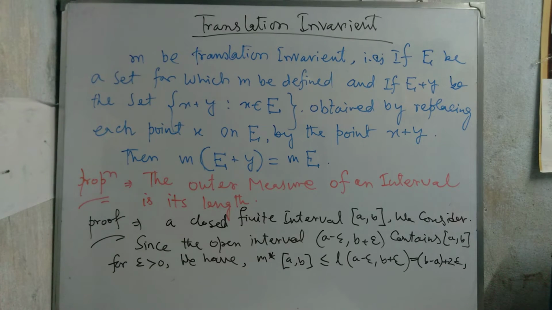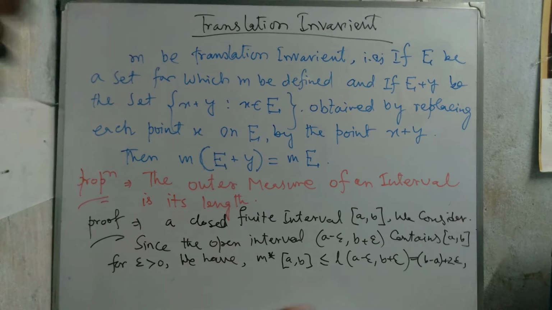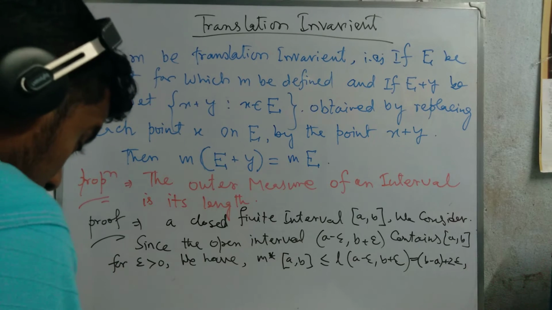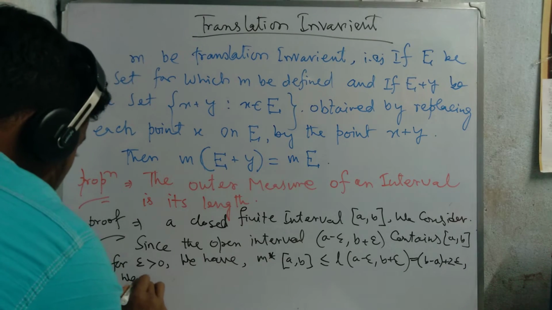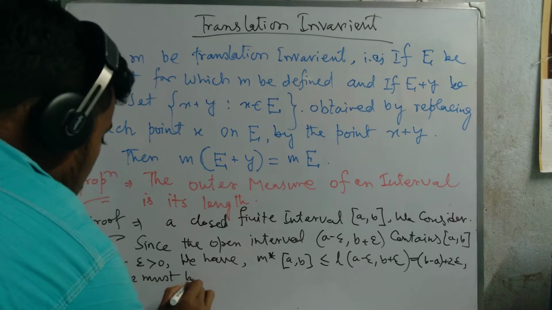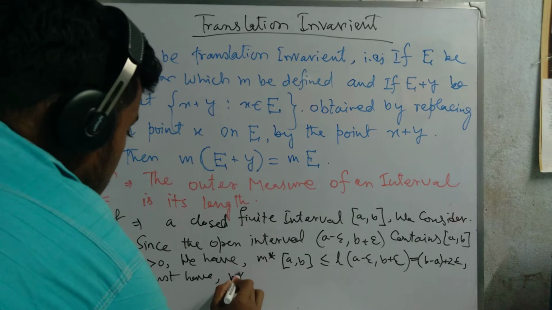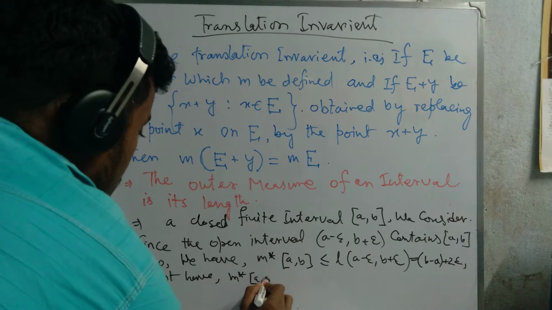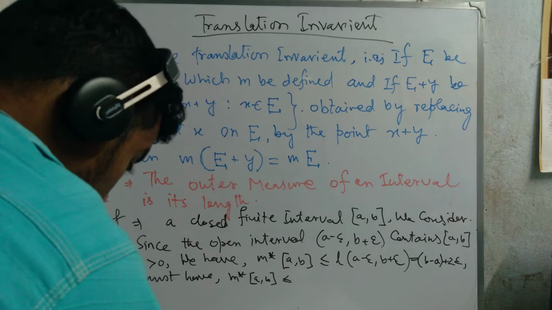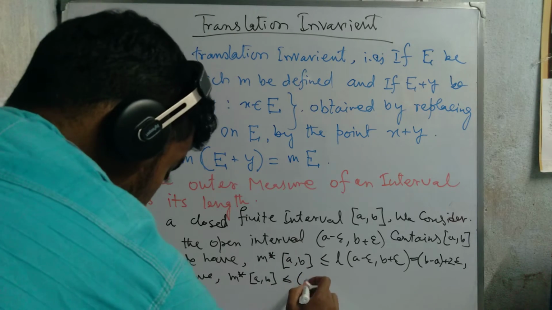This holds for each positive epsilon, so we must have m star of [a, b] less than or equal to b minus a.